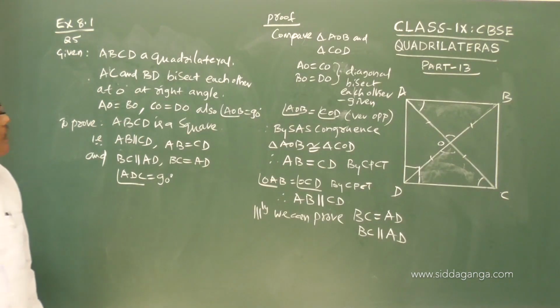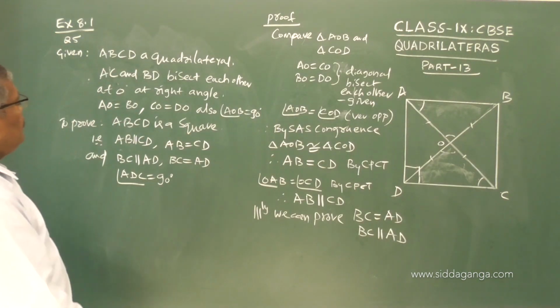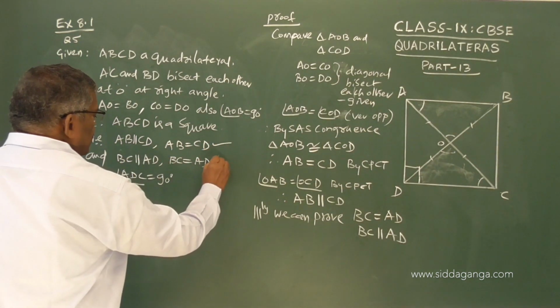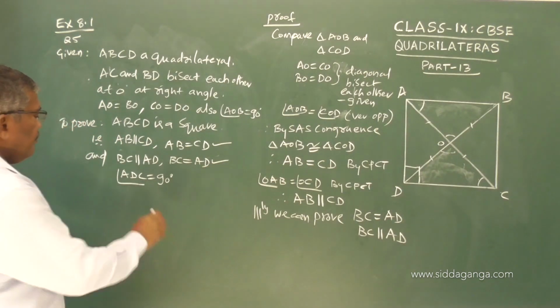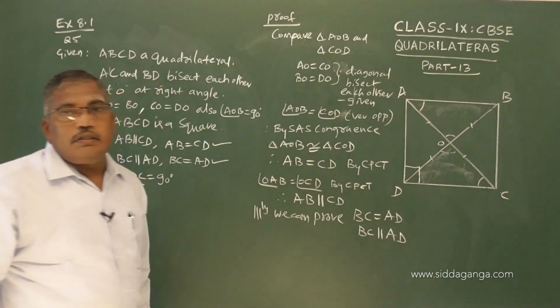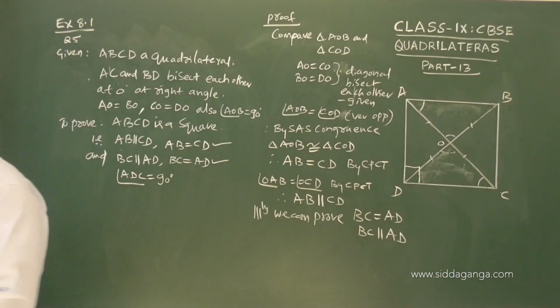So now, the next thing what we have to do, this we have proved. So the only thing, angle ADC equal to 90 degree, that aspect we have to prove now.